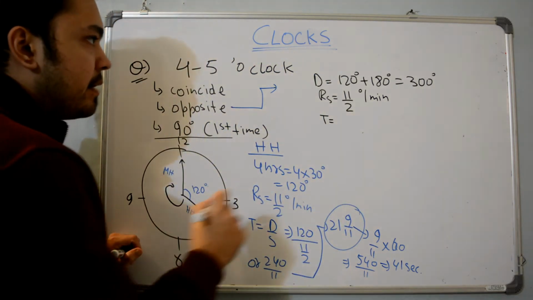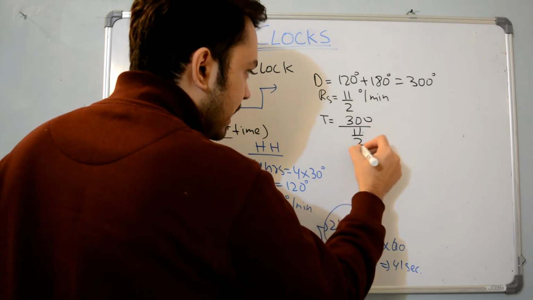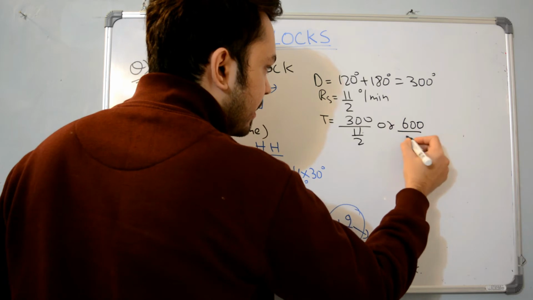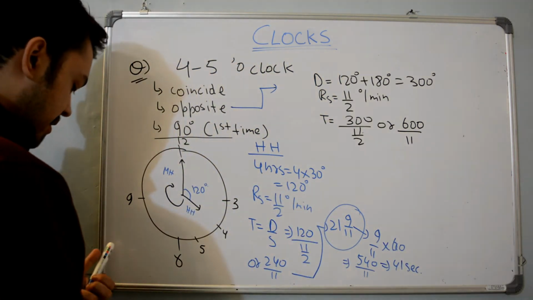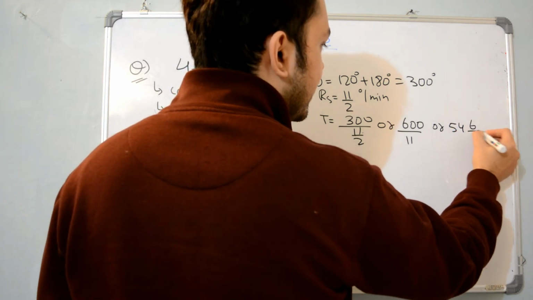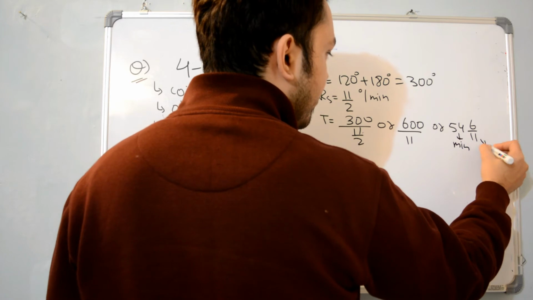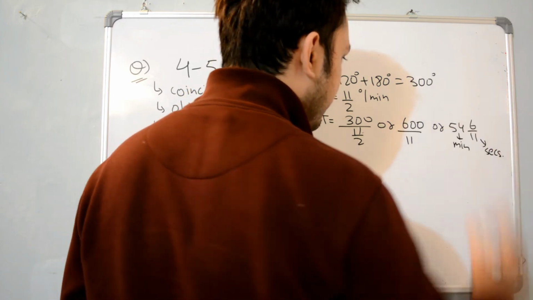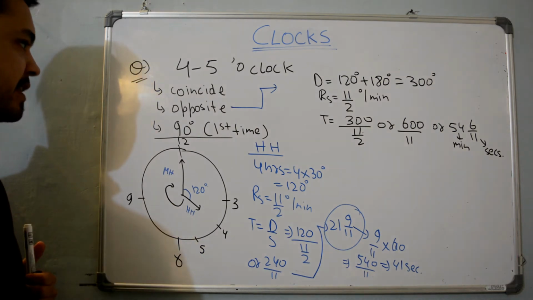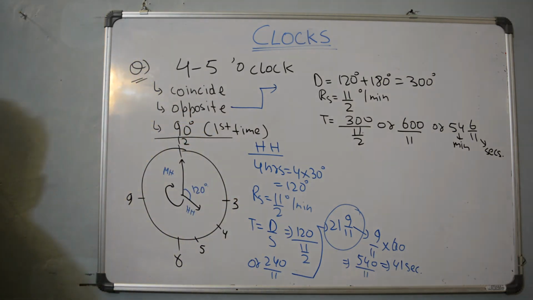So now time will be 300 upon 11 by 2 or 600 by 11, right? So this will give you something like 54 6 by 11 minutes, and this will be what? Seconds, right?